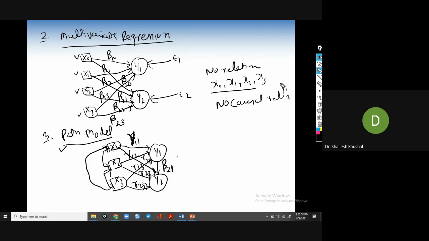Okay, so we are simultaneously using many regression analyses like x0 with y1, x1 with y2, y1, x2 with y1.